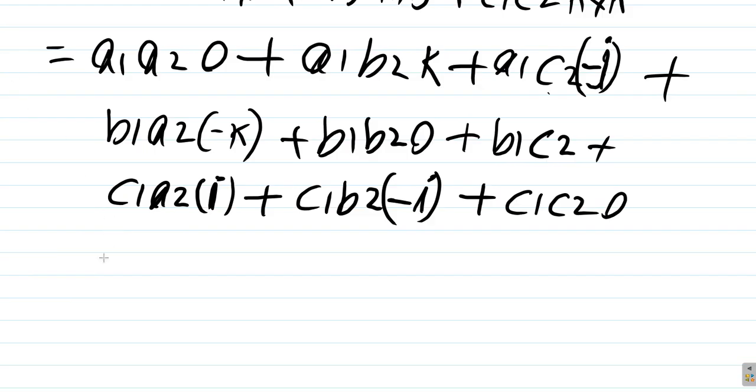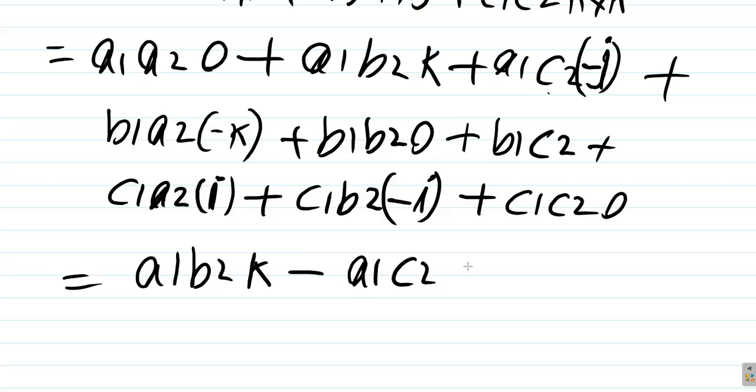Alright. So let's see how this goes now. A1, A2, that disappears. A1, B2, K. You have that there, right? Minus A1C2J. No, minus. There's a minus B1A2K. B1B2, that's gone.